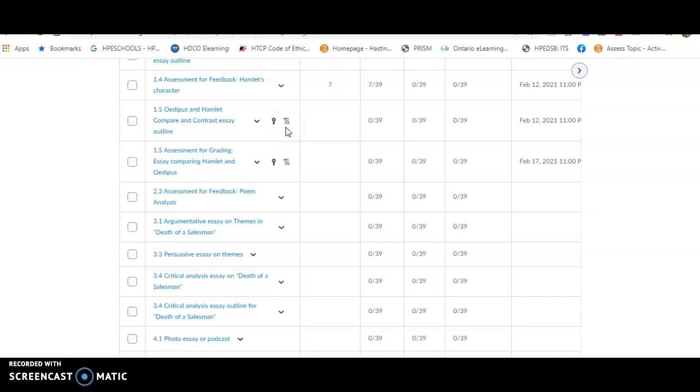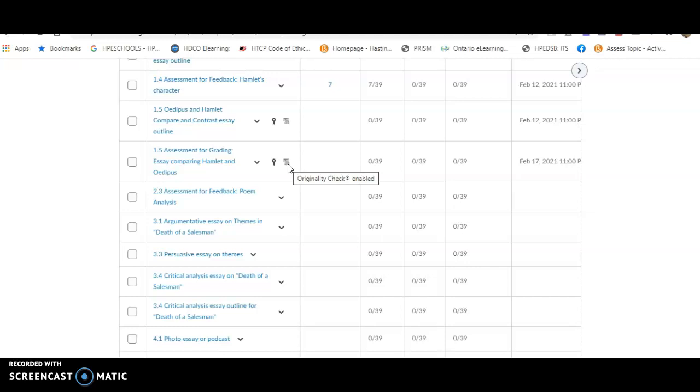This is an originality check. So for both the essay outline and the final essay that you're going to hand in, they are both for marks, and they both have this originality check. What this does for me is it puts your report and your organizer into turnitin.com, which is an electronic scanning website that will search for plagiarism.